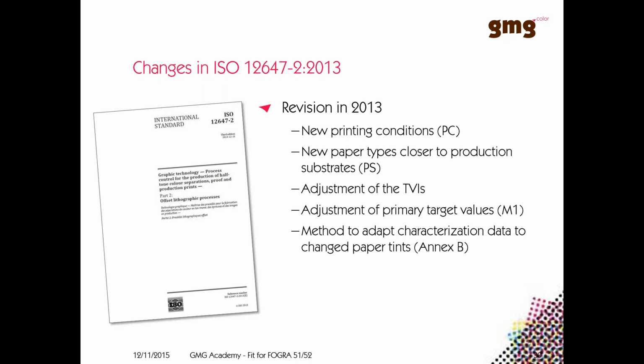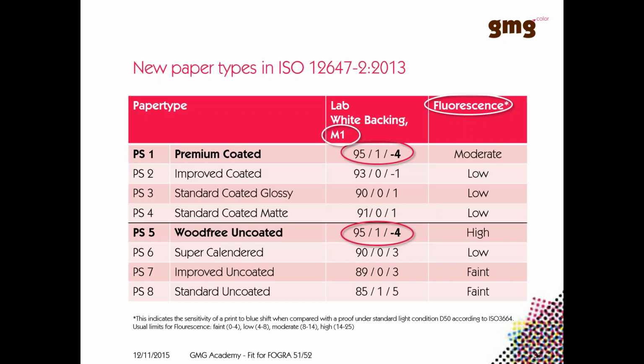But basically, this standard describes the printing conditions and the printing references and the TVIs and the solids for different paper classes in offset printing. What changed in 2013? We have a new number of printing conditions.